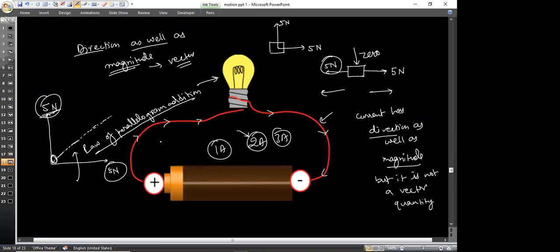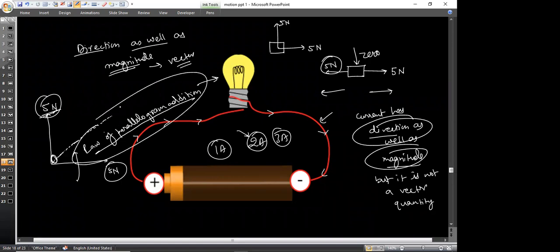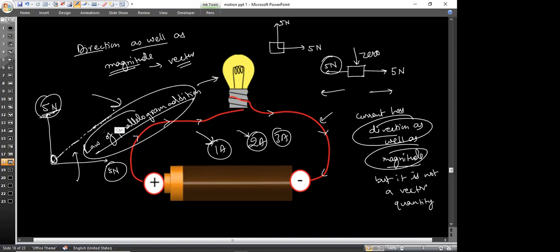So you have to keep in mind that a vector quantity is that quantity that has direction as well as magnitude and must follow the rule of parallelogram addition. This is important. Current has magnitude and direction, but does not follow this rule, and that's why it is not considered a vector quantity.